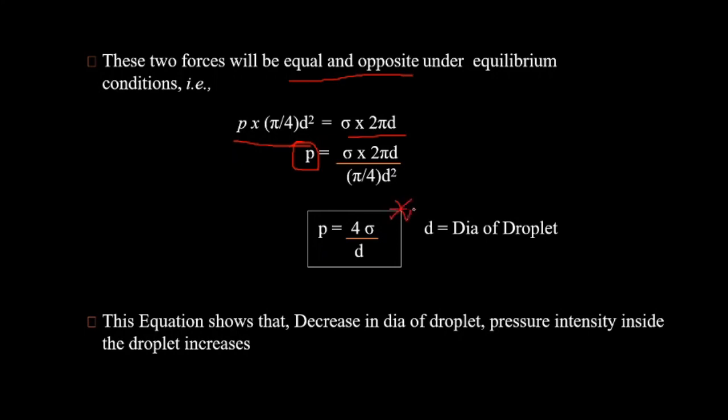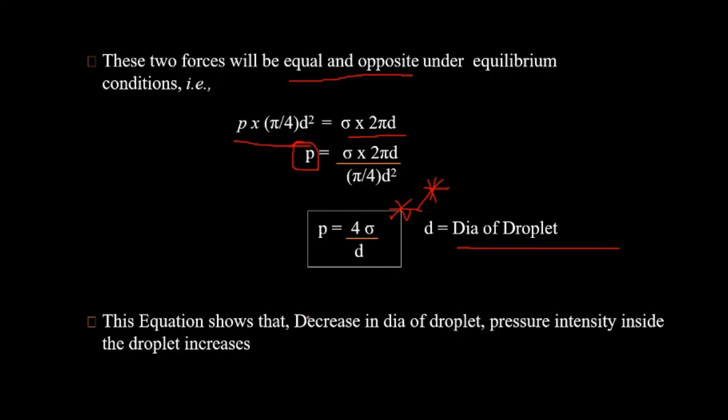So this is important to solve problems in exams in future. Okay, so the pressure intensity of a liquid droplet, if a question asks for the formula, is p is equal to 4 sigma by d, where d is the diameter of the droplet.